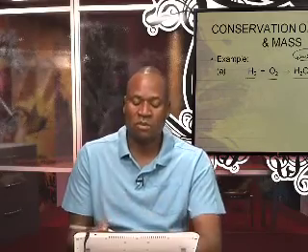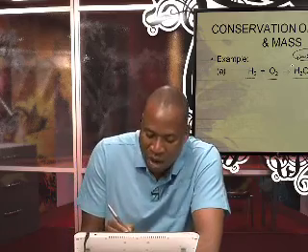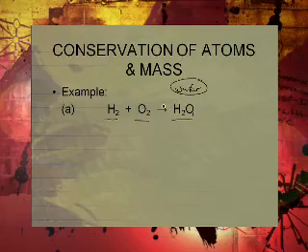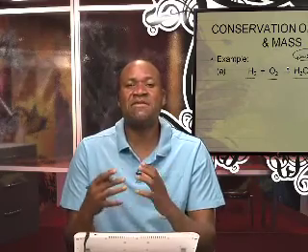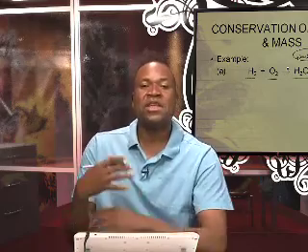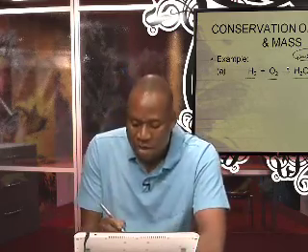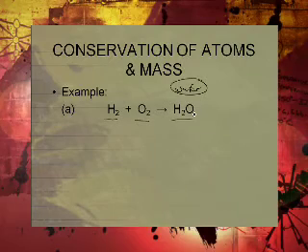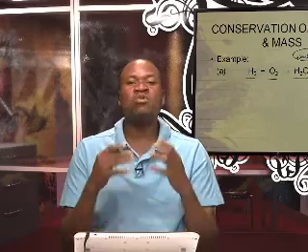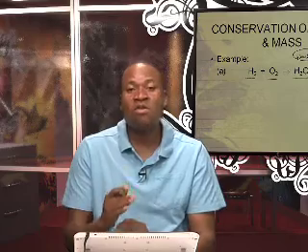And what do we do? We put our balancing factor, which is what we call the stoichiometric number, or stoichiometric factor. That number is placed in front of the chemical formula. You don't come down here and put your 2 as a subscript and say, I have balanced the number of oxygen atoms from left to right. Why? Because when you do that, you have changed the identity of that chemical substance. In this case, water will always be H2O.